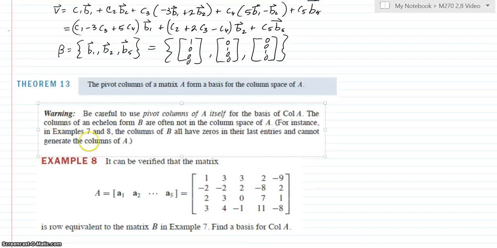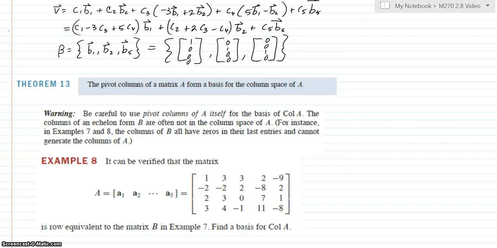There is a warning here that I wanted to talk about that's in the book right underneath Theorem 13. It says, be careful to use the pivot columns of A itself, which we did because A was already in row reduced echelon form, for the basis of the column space of A. The columns of an echelon form B are often not the column space of A. We're going to see that in example 8.